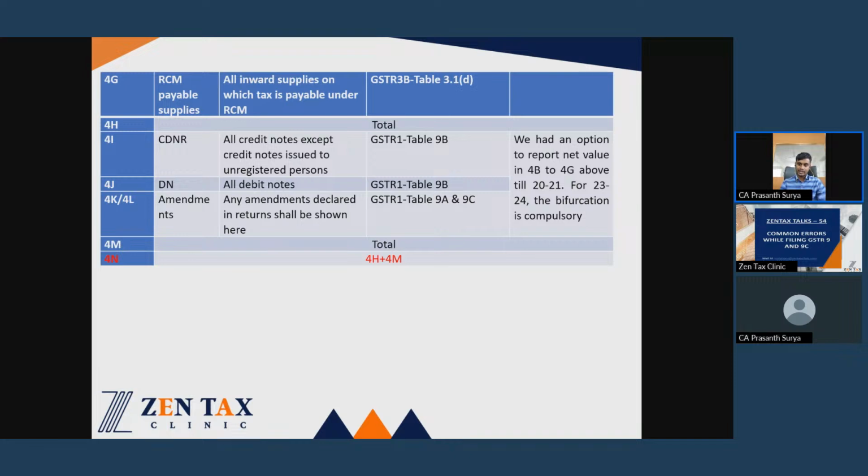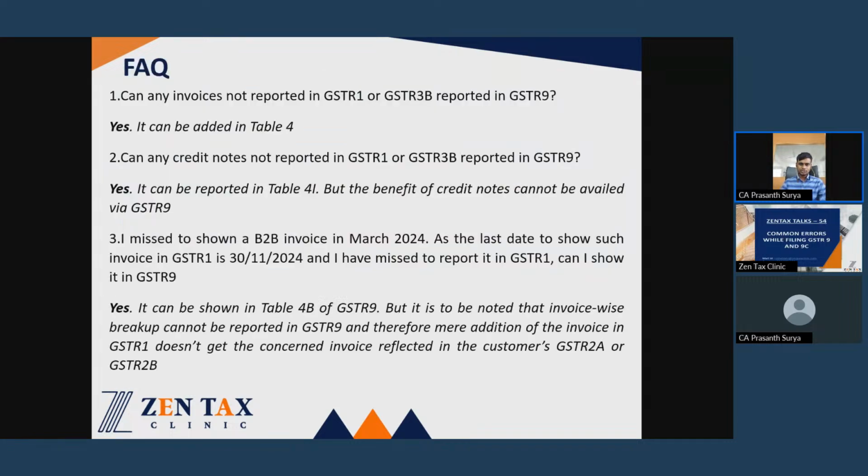The department has relaxed, saying that the adjustments in table 4I, 4J, 4K can be reported consolidatedly. But please don't fail to report it, because I have noted that many taxpayers net off and report in table 4A itself. It is good practice to report it separately in table 4I, 4J or 4K.